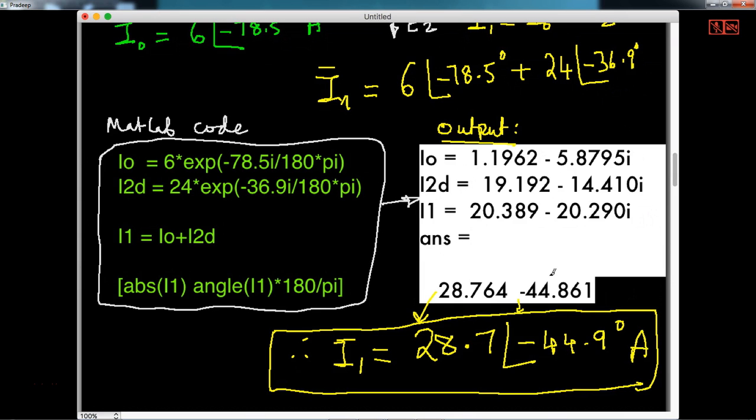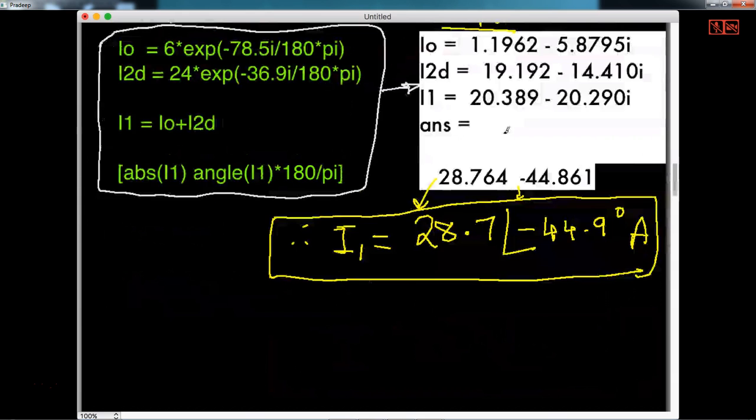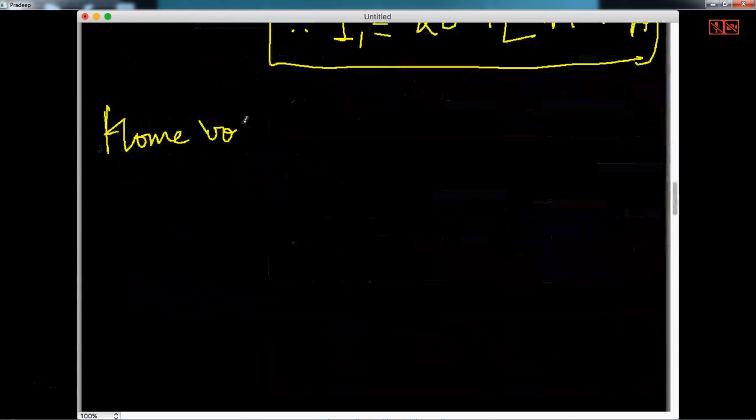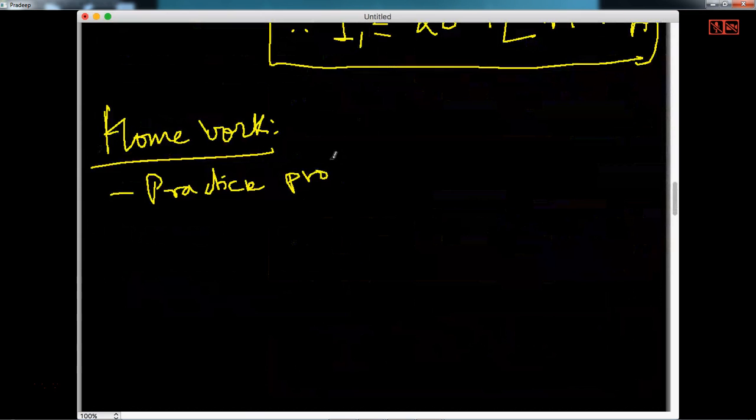Any doubts regarding this? Okay, if you have no doubts, then let me give you some homework: practice problems on transformer on load.